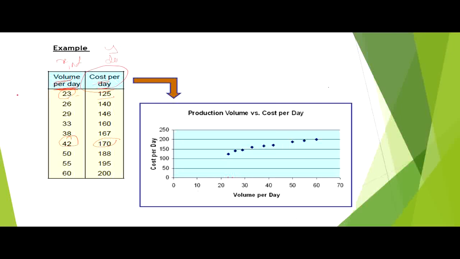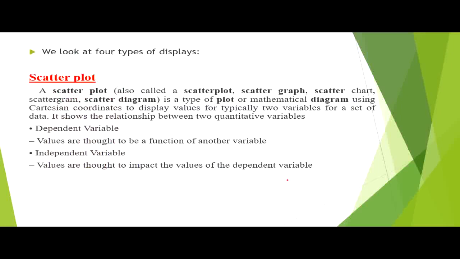In this way, every pair has been plotted on the graph. If you get a pair of data of independent and dependent variables, you can present them on the xy plane as a dot. Every x and y will be presented as a dot on the xy plane. This kind of graph is called a scatter plot.